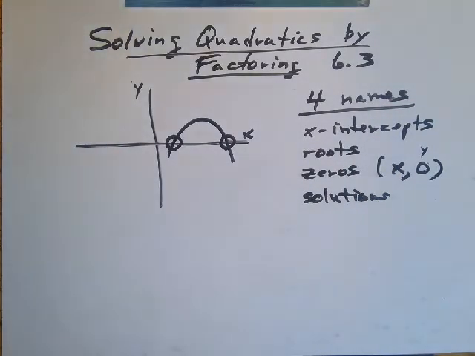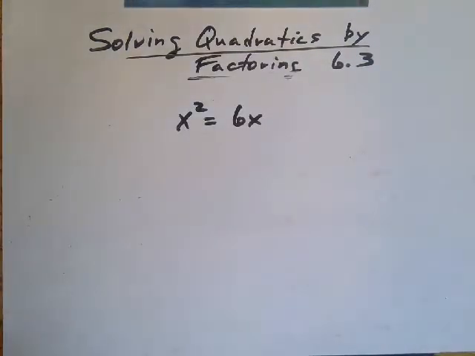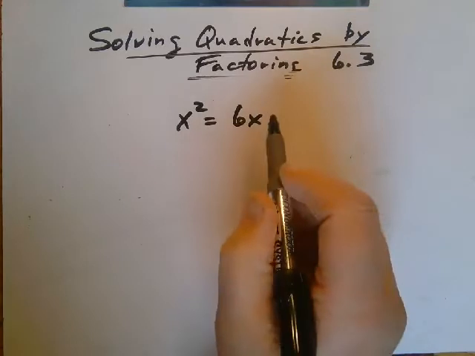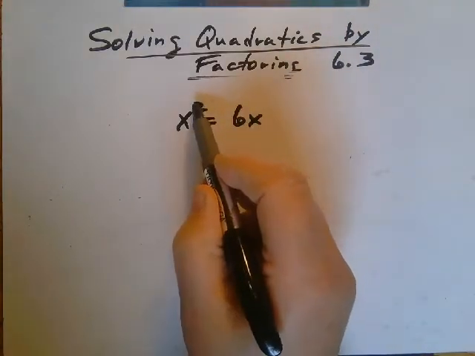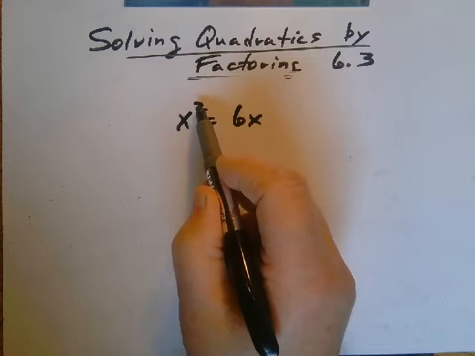All right, we're going to go back and take a look at how we solve quadratics by factoring. We're not going to spend much time on this because you've heard this before. Here is a very simple quadratic equation. It has an x squared in it, and x squared tells us that there's always going to be 2 answers.